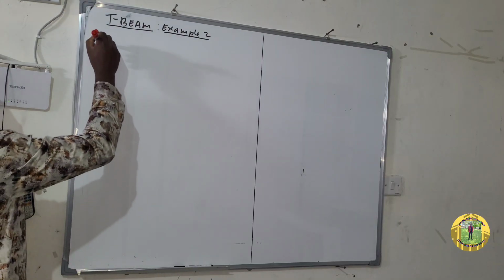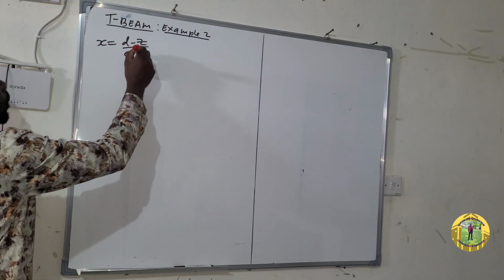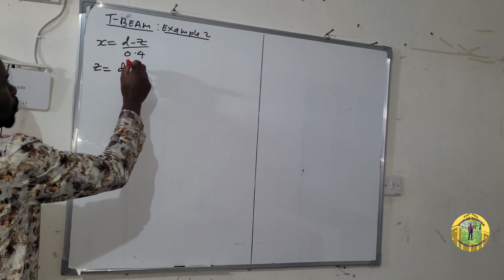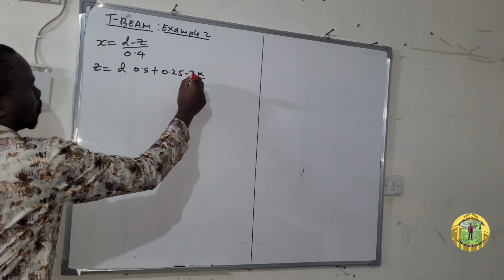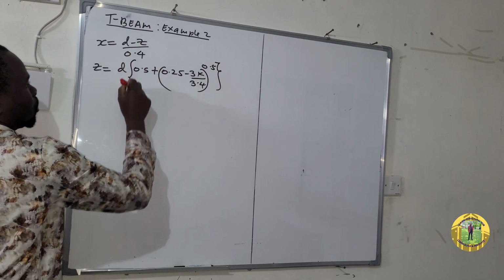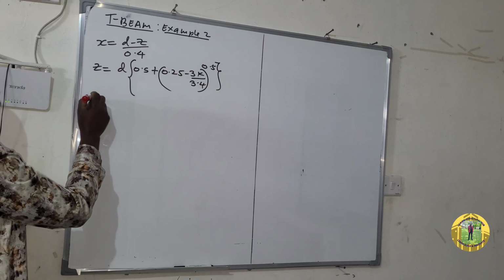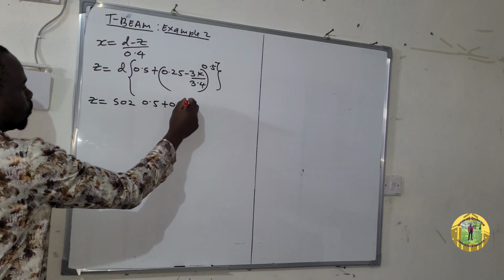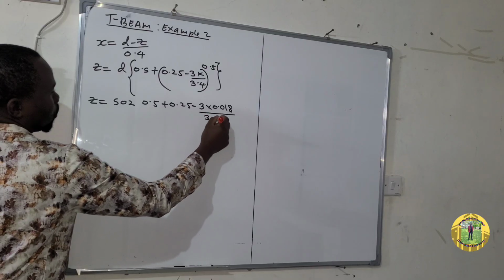Now calculate the neutral axis, which is x. X is equal to D minus Z over 0.4, whereby Z is equal to, so this is the formula that will help you to obtain Z. So Z is equal to D is 502, 0.5 plus the square root of 0.25 minus K over 1.134, where K is 0.018 over 3.4.